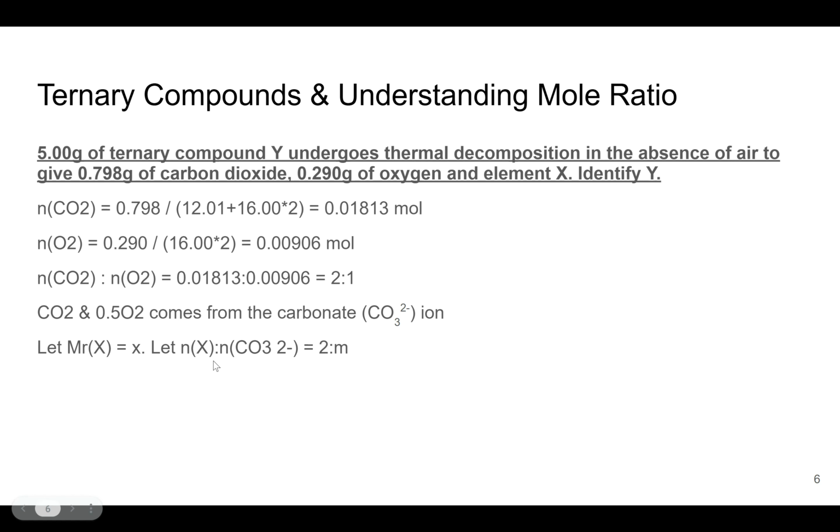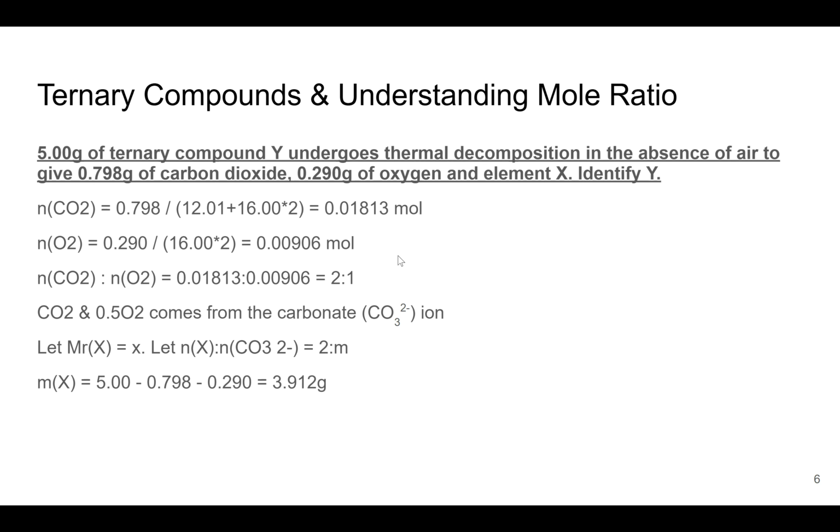Because if the oxidation state of X in Y is plus n, then because the carbonate ion contributes a minus 2 charge each, we need to balance these two. So X to carbonate ions will have a mole ratio of 2:n.